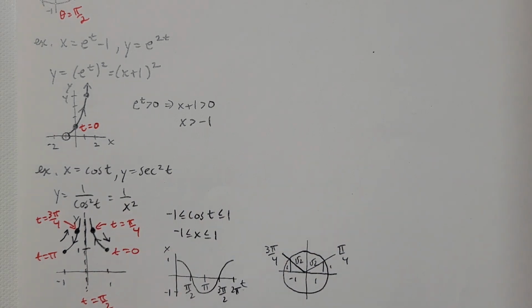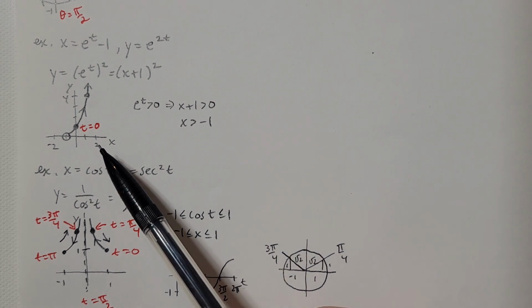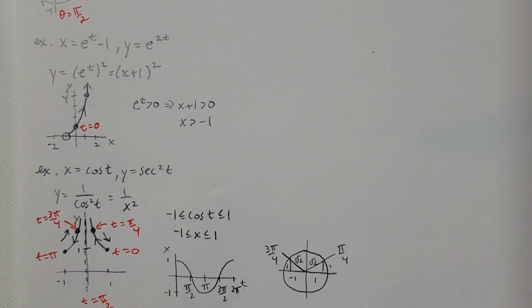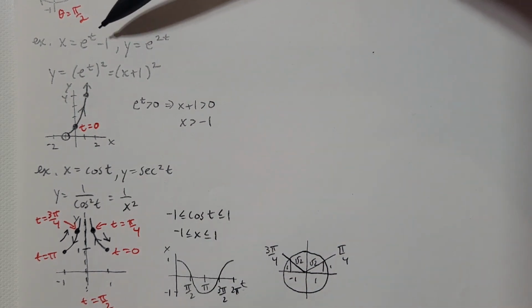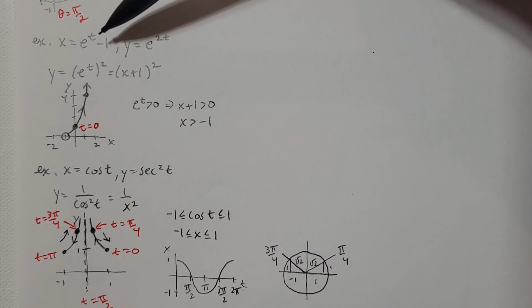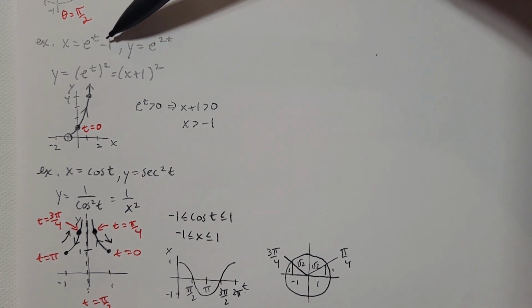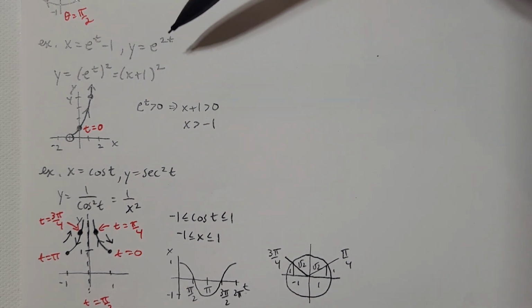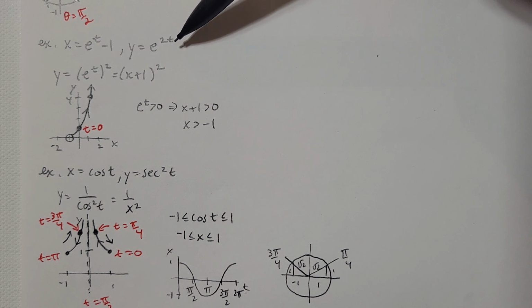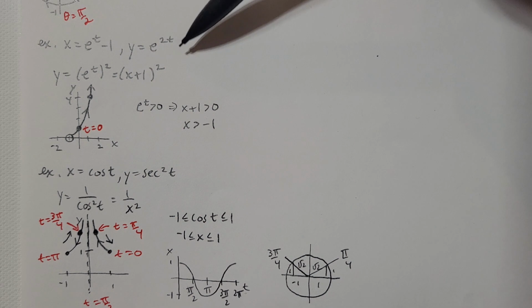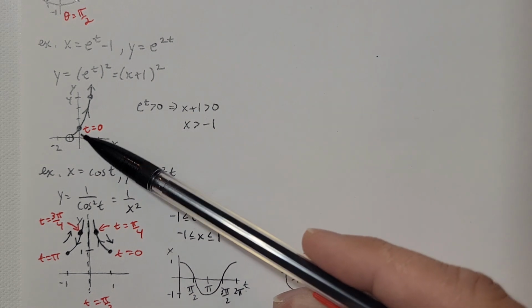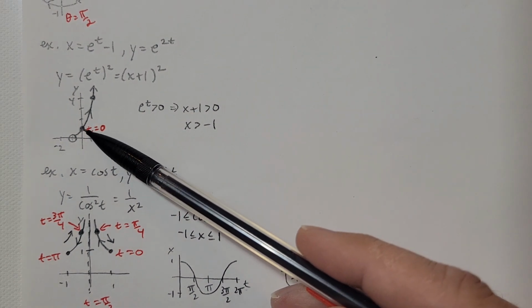Well, if I let t be 0, then anything to the 0 power is 1. So 1 minus 1 is 0 for x, and t equals 0 means I have e to the 0, so y equals 1. So I'll be at the point 0, 1 when t is 0.